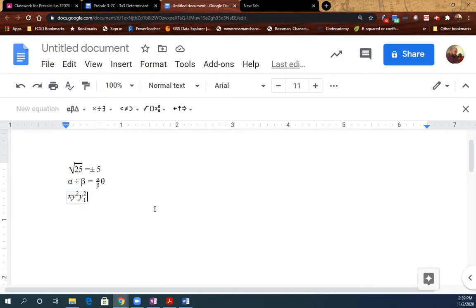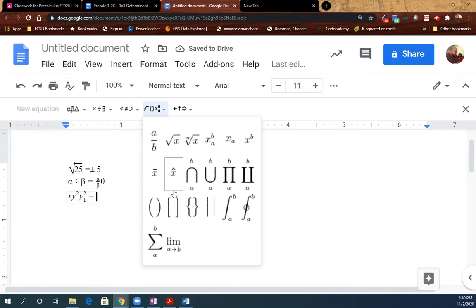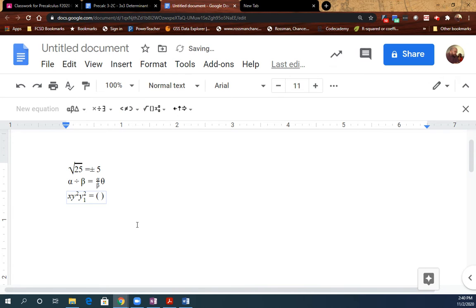I can also do, let's say, we have our large parentheses. Now, I can also use key combinations. For example, if I want to do an exponent, that's something that's used quite a bit. So I can just say x caret 2, right arrow equals y.